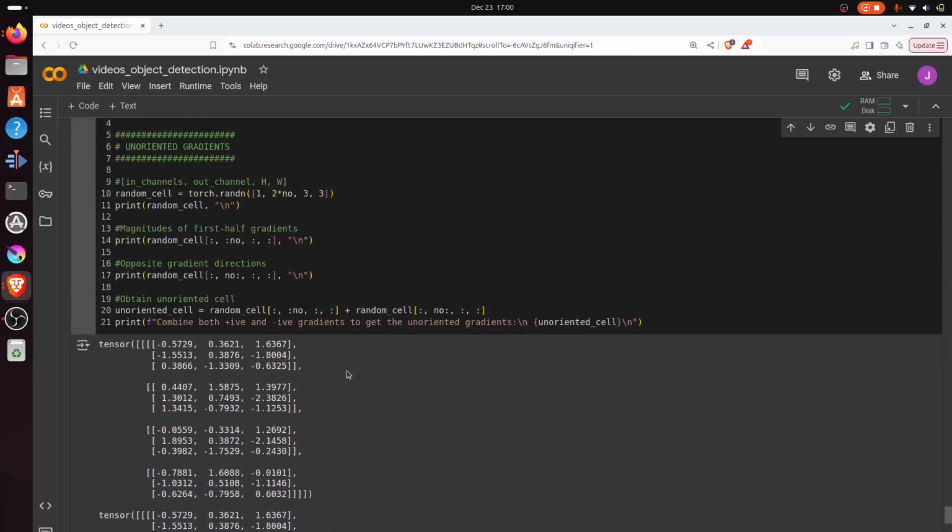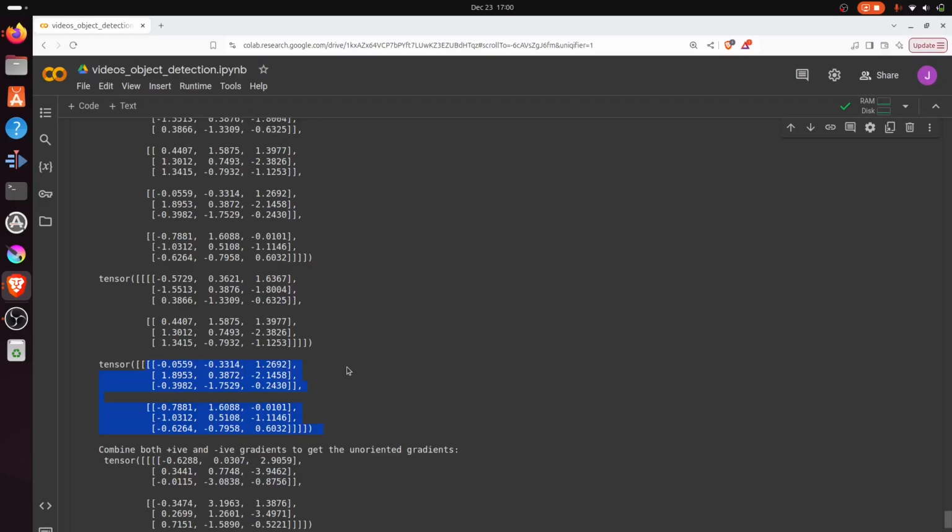We just added them up. What we did was to add every single magnitude of the gradient together. For example, to obtain this number, we just simply need to add this number highlighted here with the equivalent position in the negatively oriented part. In that way we obtain everything. That is how we obtain the unoriented gradients.